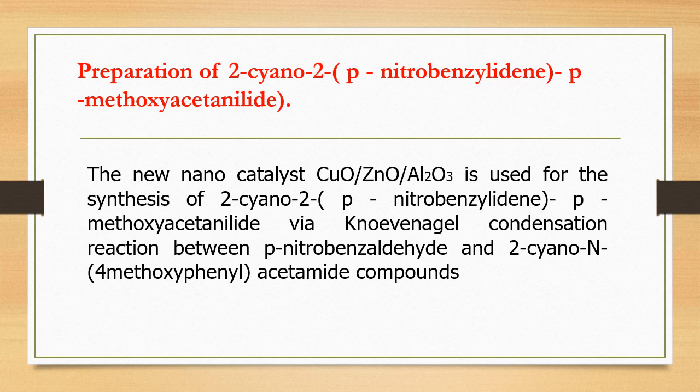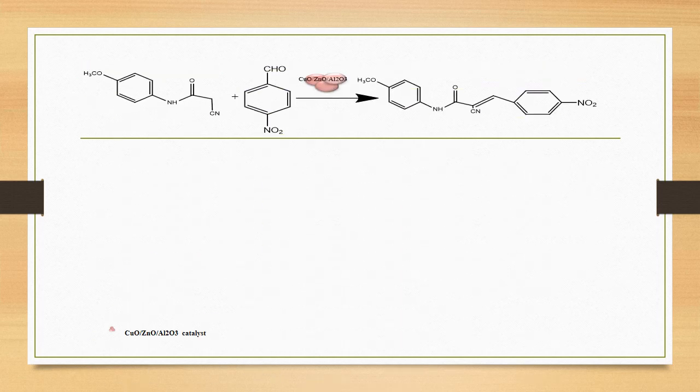Now we use this property to link between the catalyst and the activated methylene group, as we show in that equation. The acetamide compound reacts with para-nitrobenzaldehyde in the presence of catalyst to get the acetanilide derivatives.